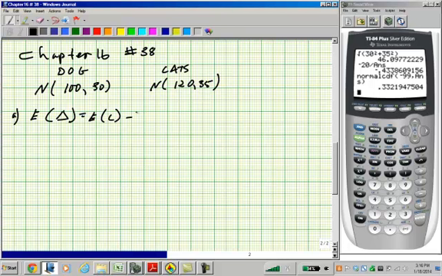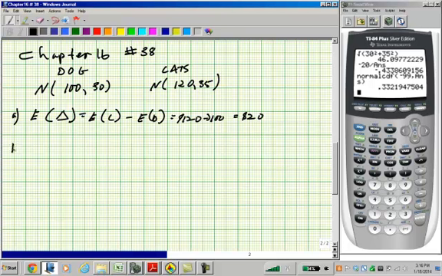You can do dogs minus cats or cats minus dogs. So cats, I just want to keep it positive, so cats minus the expected value of dogs is going to equal $120 minus $100, which is $20. Now if you do the other way, the difference would be negative 20.